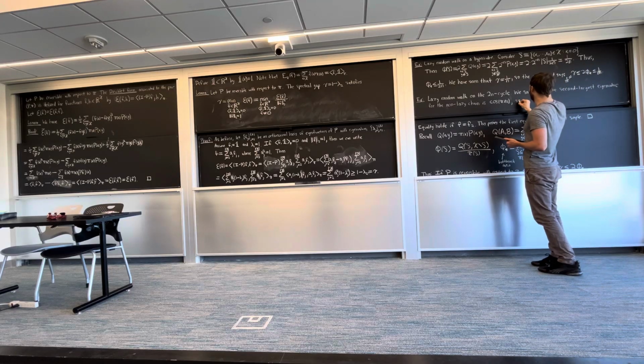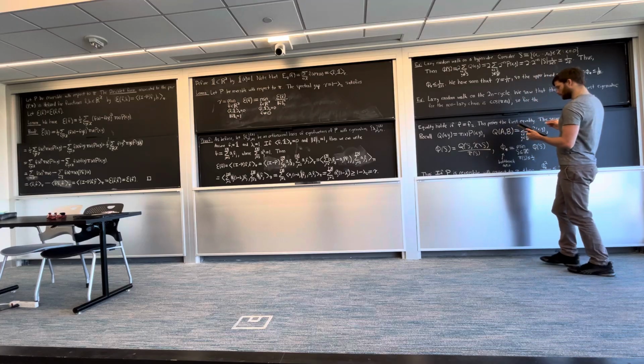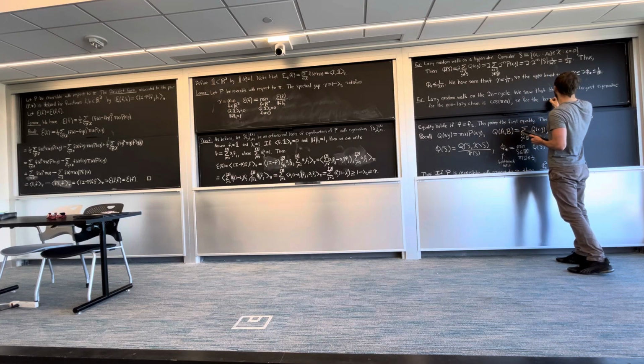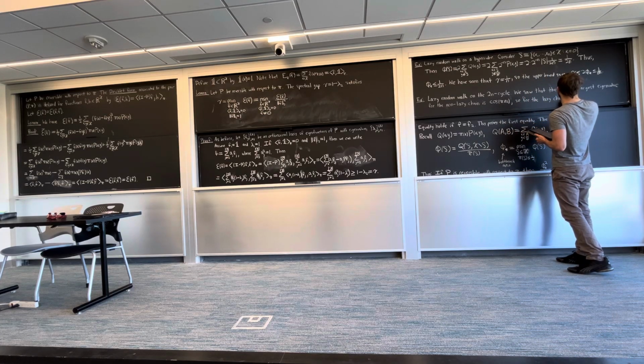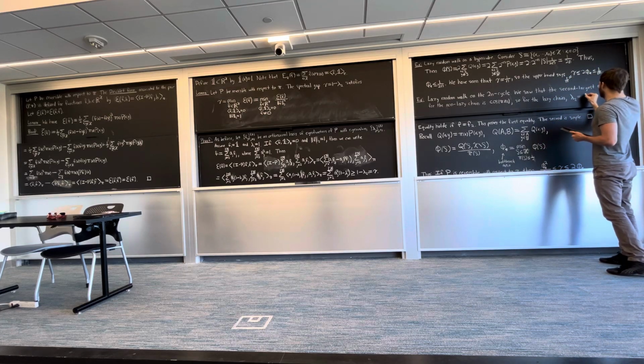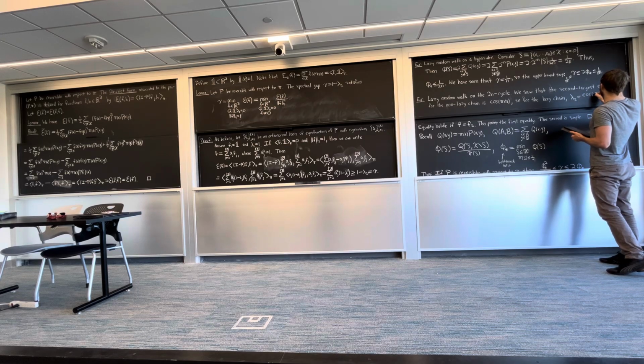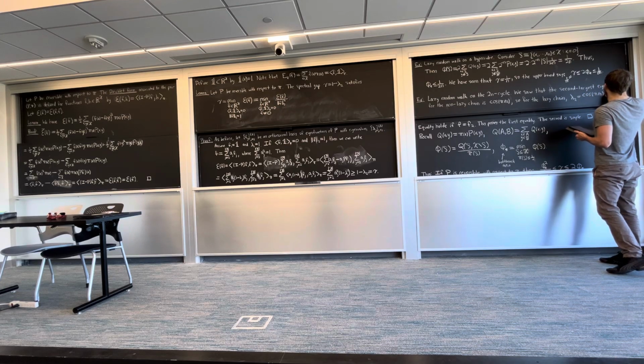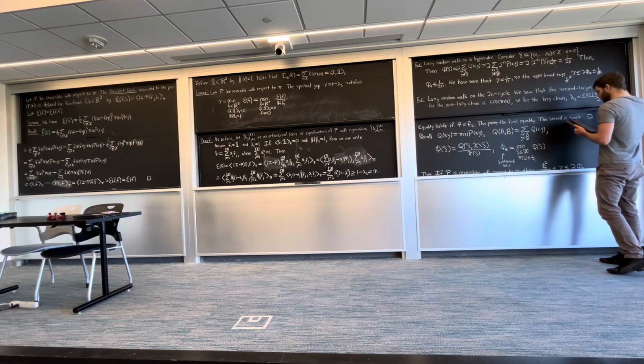So for the lazy chain, the second largest eigenvalue, lambda 2, is (cosine pi over n plus 1) over 2.